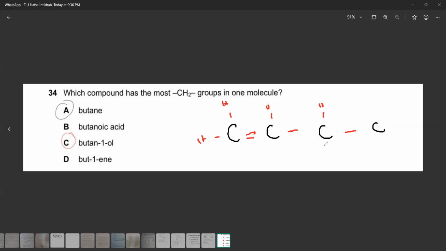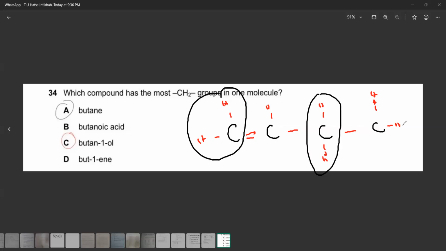So 4 carbon, this will have 2 hydrogen, this will have 3. So when we check the CH2 group, this is CH2, this is CH2. The rest are CH3 and CH. So 2 here, 2 here, but this will have 3.